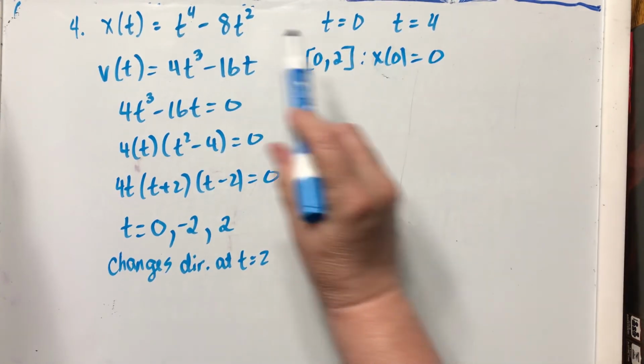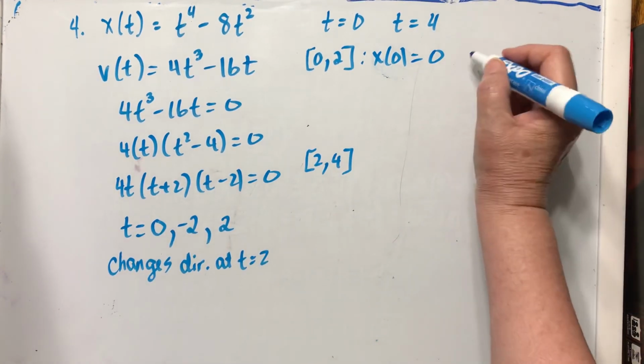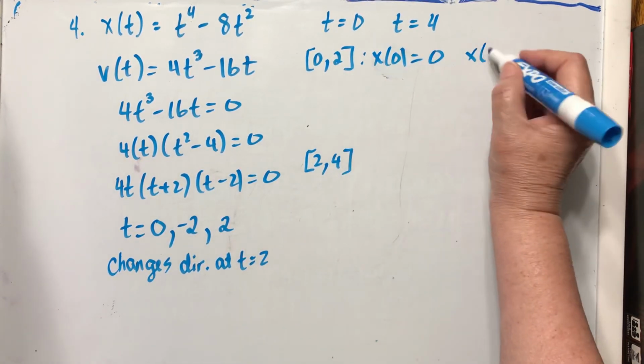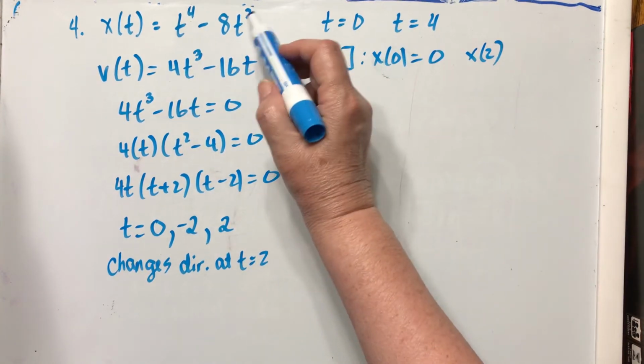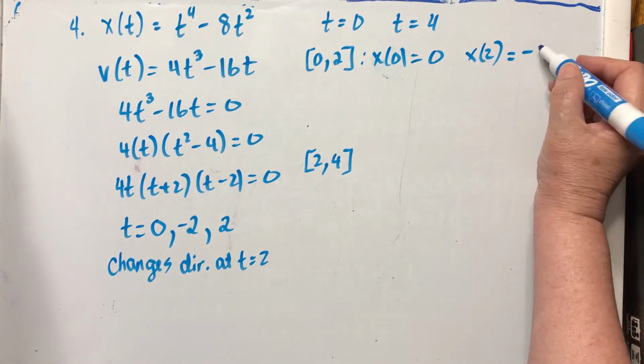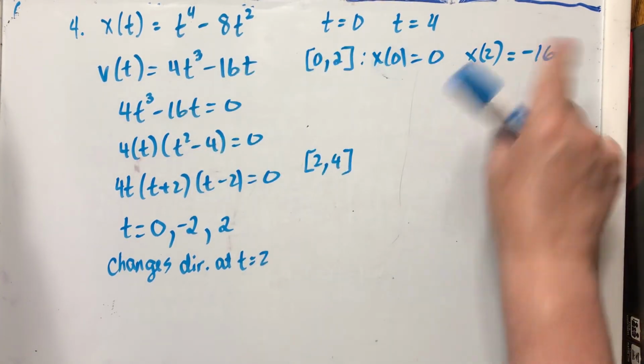It's not always going to be 0, but in this case it is, because when I plug in t equals 0, I get 0 there. x of 2: 2 to the fourth is 16 minus 32, so I'm going to get negative 16. I'm going to check that real quick. Yeah, negative 16.